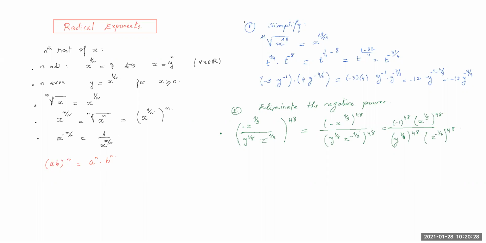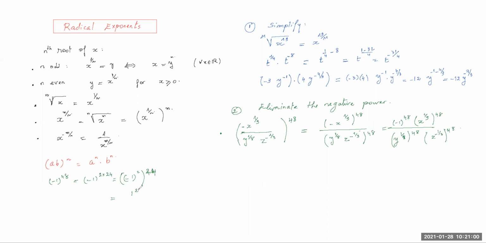Let's continue. Minus 1 to the power 48: I can write 48 as 2 times 24, so (-1)^2 is 1, and 1 to the power 24 is 1.